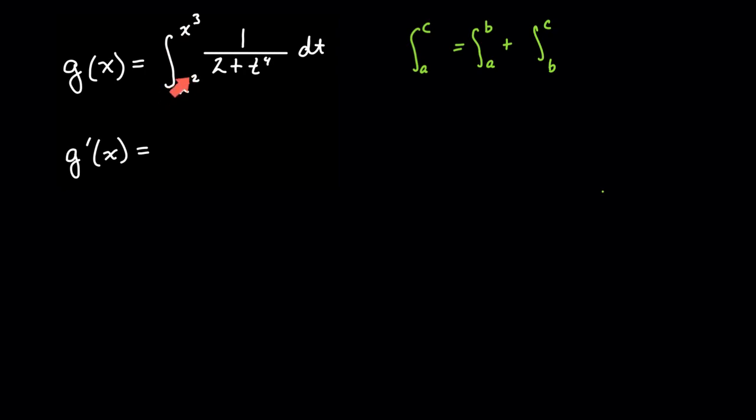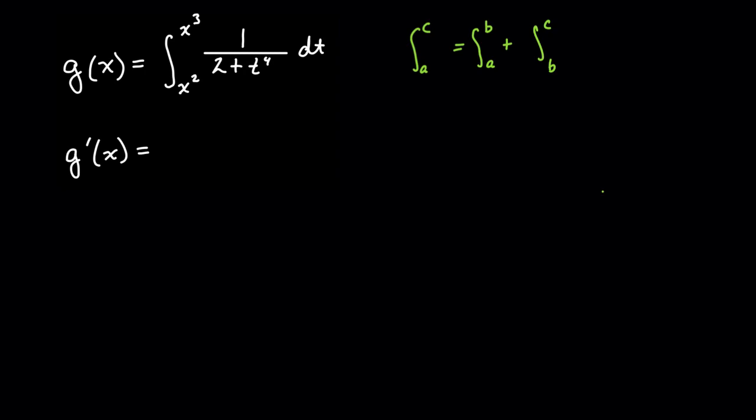If you have x squared and you have x cubed, those are two functions that we are integrating between two x values. There is going to be a constant somewhere in between those two values.